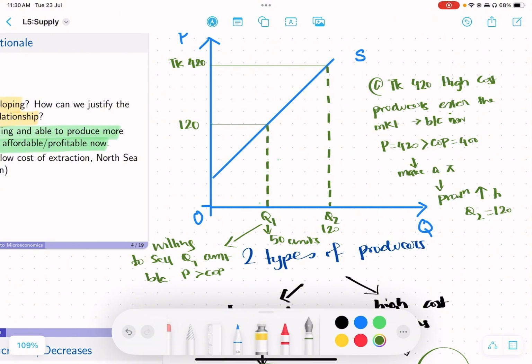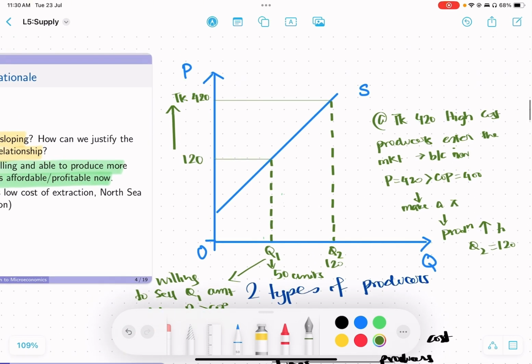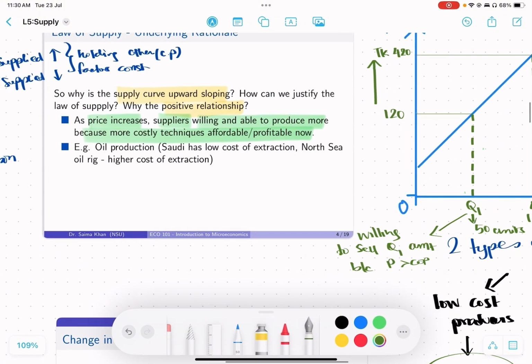So you see that when the price goes up, producers who have a higher cost of production can enter the market, and so the quantity supplied also goes up. Let me summarize it here. As price goes up, producers with higher cost of production can now join the market.